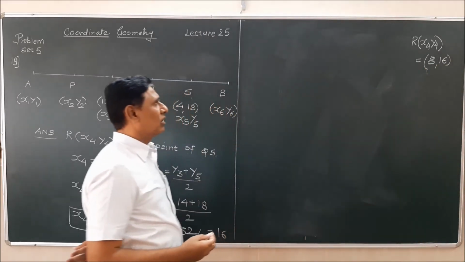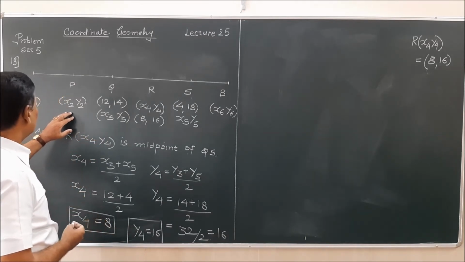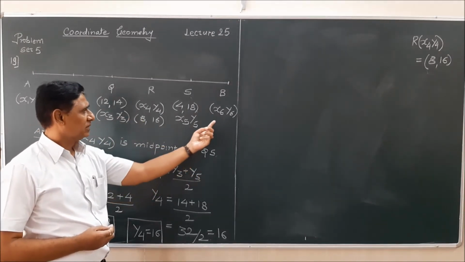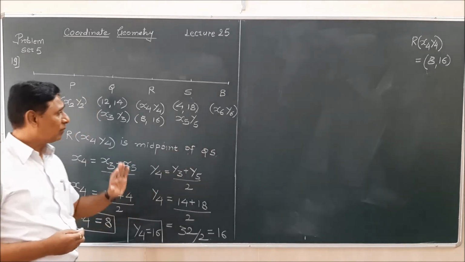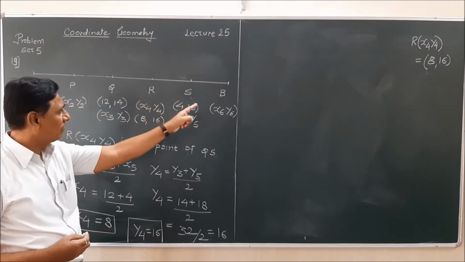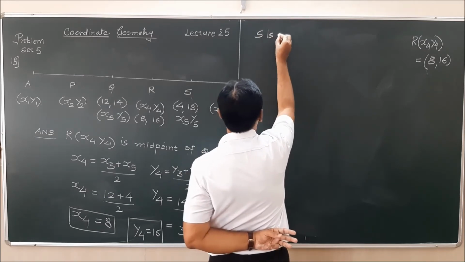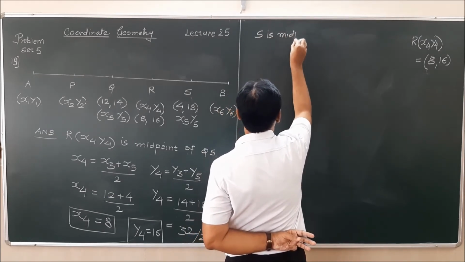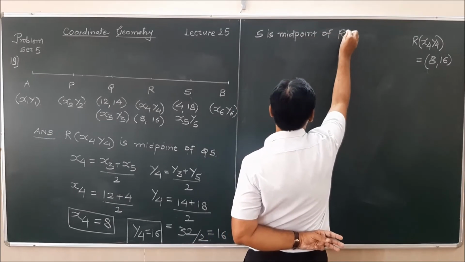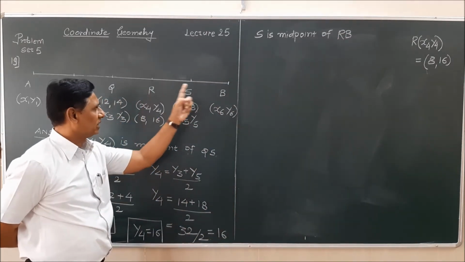Now after finding out the coordinates of R, I am going to find out x6, y6. Please be careful a little bit. Now S is the midpoint of RB. Be careful, dear students here. S is the midpoint of RB.